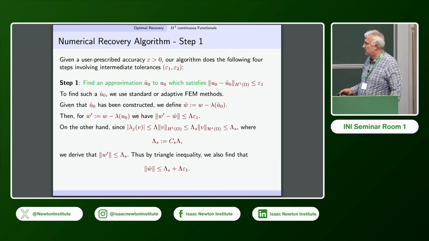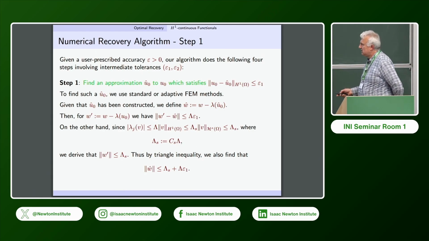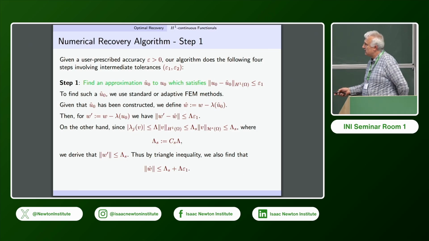Then we have the global estimates for the discrepancy: the global error of the approximate solution here is lambda s plus lambda epsilon 1, and the discrepancy would be lambda epsilon 1 between the two at most.